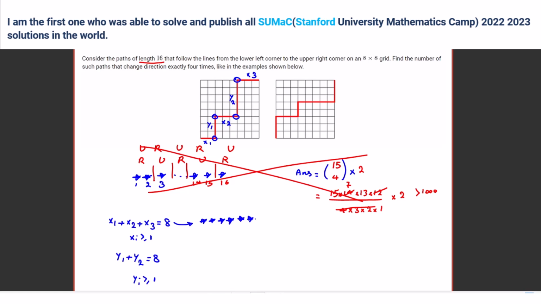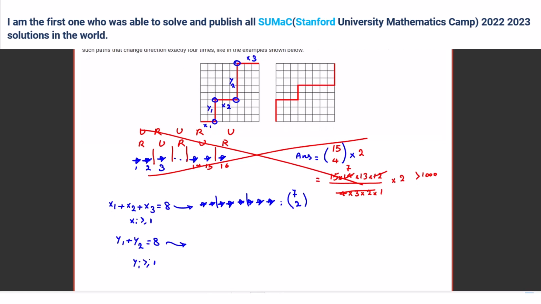Wait, pretty sure that's how it works. One sec. Oh, yeah, no, 2 bars. Exactly. So it would be what choose what? It would be 8 choose 2. Wait, no, 7 choose 2. Exactly. What about this one?